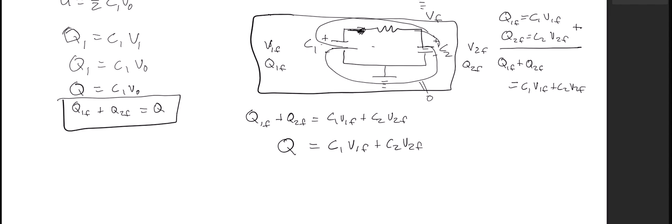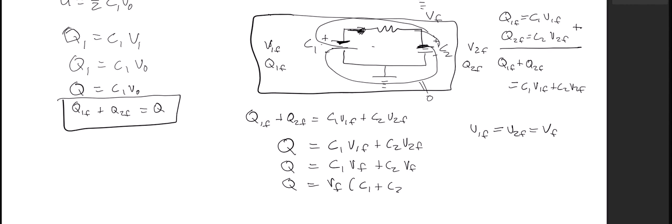Since no current is flowing, the positive terminal of C1 and positive terminal of C2 have to be at the same voltage because they're connected. And so V1 final has to be the same as V2 final, and we can just call that V final. That's the same for both of them. So I can now say that Q equals C1 V final plus C2 V final. Now I can factor out that V final. So Q equals V final times C1 plus C2.